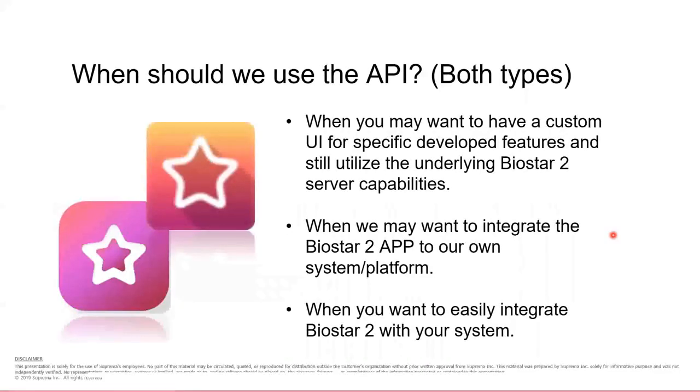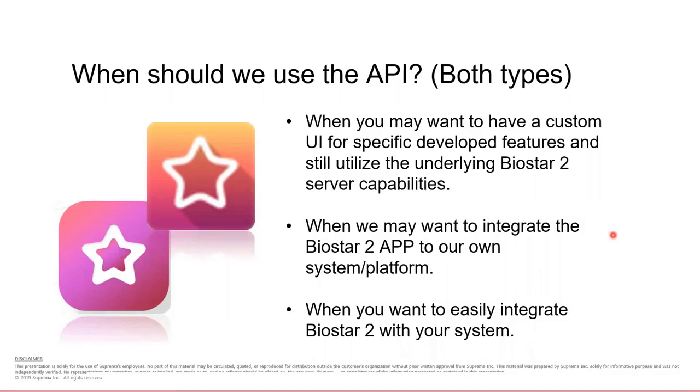On the other hand, when should we use the API? And I say both types because, as you may already know from the previous webinars that we have had, we have two different APIs: the old API or previous API that reached version 2.6.3, and the new API that was introduced from BioStar 2.7.10.